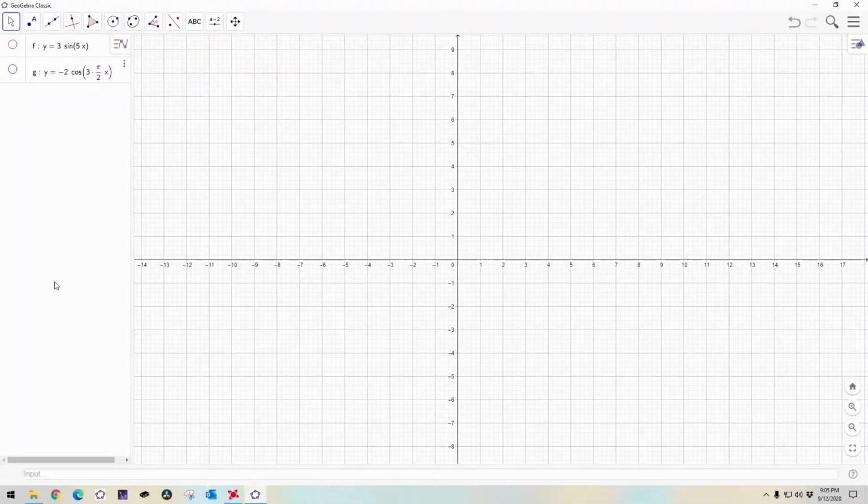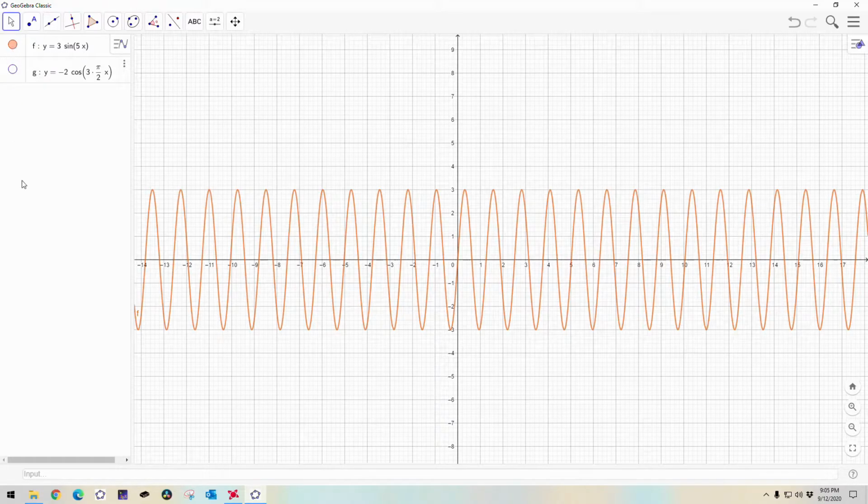Now let me show you how these things look on the technology side, because it can draw these way better than I can by hand. Start with the first one here. I have 3 sine of 5x. And notice when you first punch this in, it just looks like a jumble.